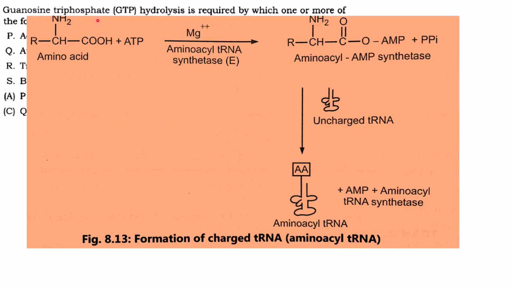So here is your amino acid plus ATP. In the presence of aminoacyl tRNA synthetase, you will get amino acid linked to AMP, amino acid AMP, which is the intermediate, and an uncharged tRNA will enter there, and this amino acid will be transferred from the AMP intermediate to the 3' end of the tRNA, and you will get aminoacyl tRNA and AMP will be released.